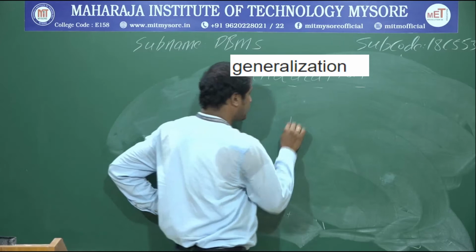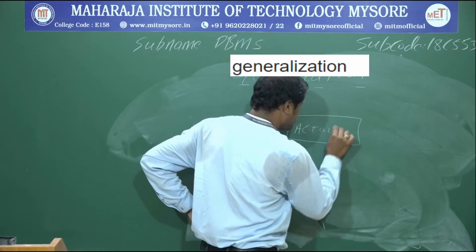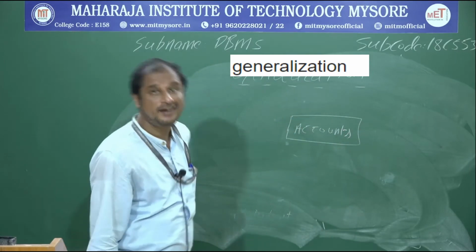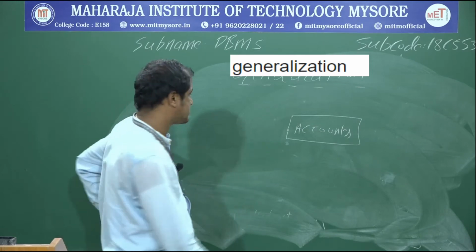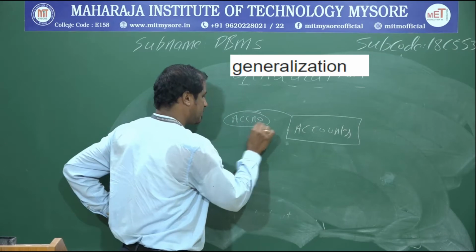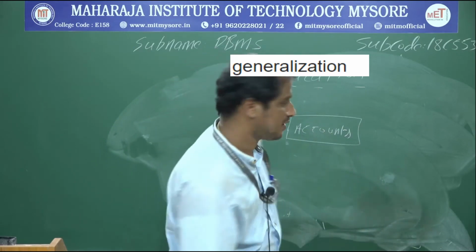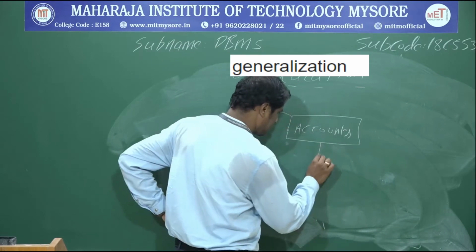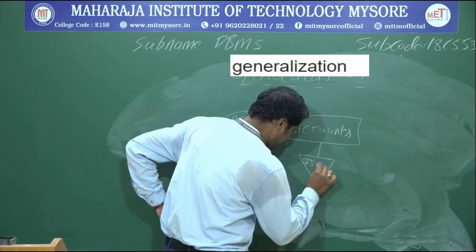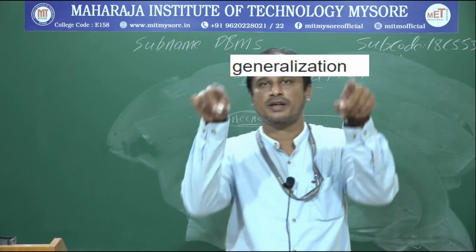So here I have accounts as an entity that is called a superclass, which contains an account number. Then I split this with ISA, which is called generalization, with a symbol like this.